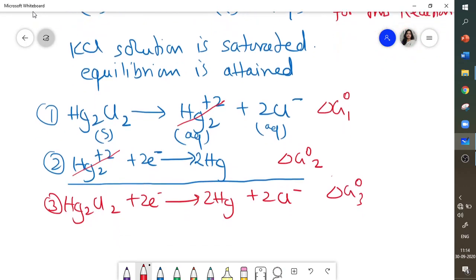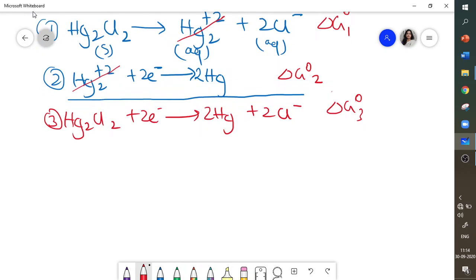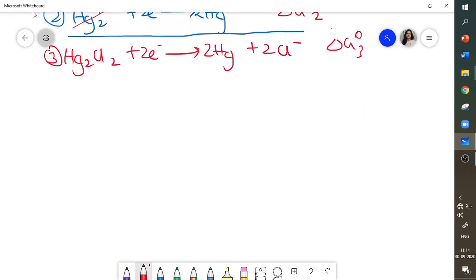So now we can see that delta G naught 1 plus delta G naught 2 is equal to delta G naught 3. So this is our equation.